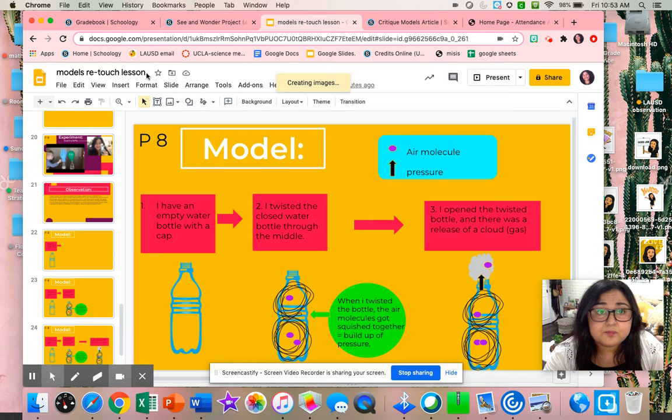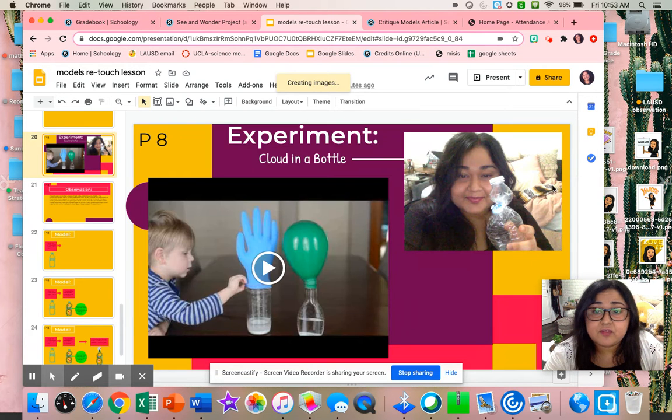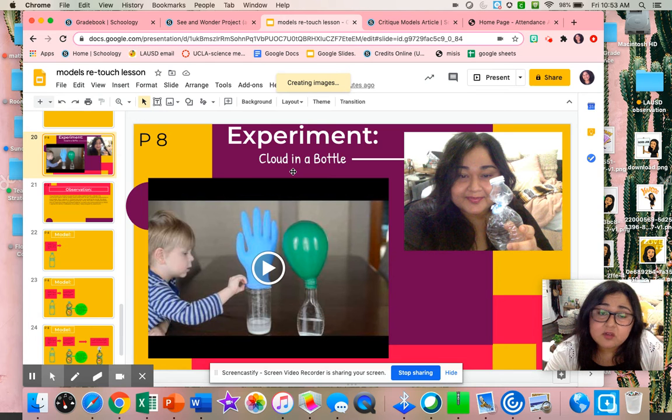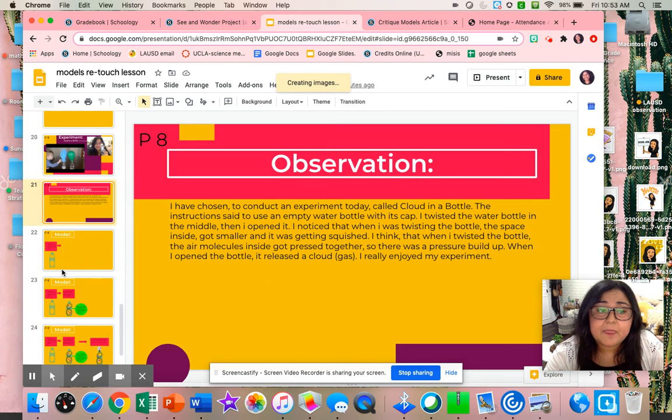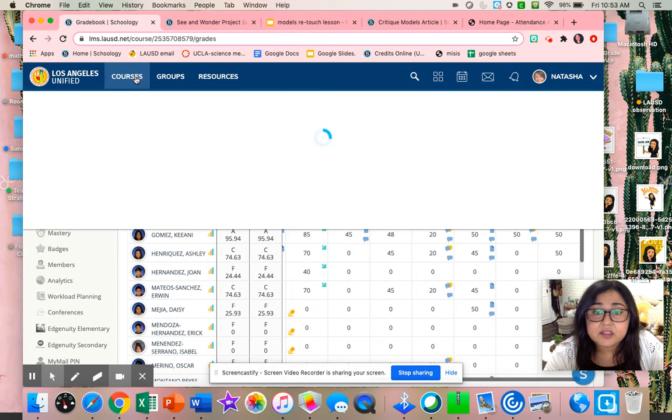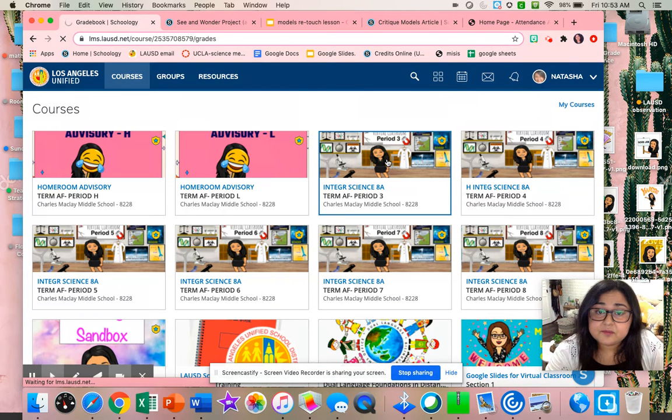Okay, so you have to include, picture is optional, but the name and title of your experiment, your observation, and your completed model. And that is done on Schoology, in your courses. It is in the models folder.